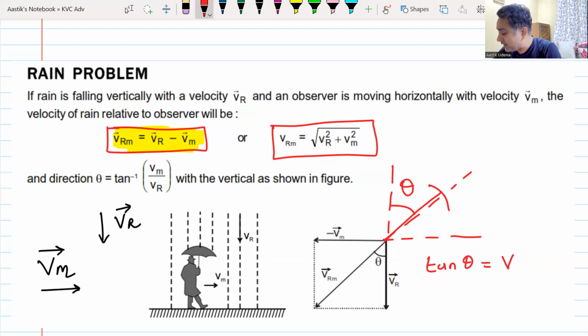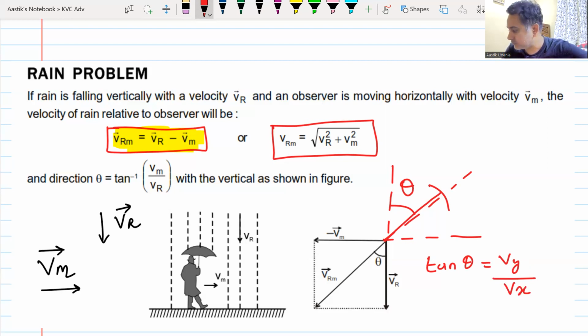Therefore, we divide the horizontal Vm, in this case, divided by the velocity of rain. No, I've done it the wrong way around. Because it is with the vertical, it will be Vy divided by Vx. I should write it like this. That is better. If they ask you to find out the angle with the horizontal, it is Vx by Vy. Do we understand this? Yes, sir.